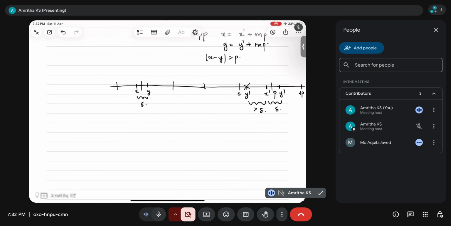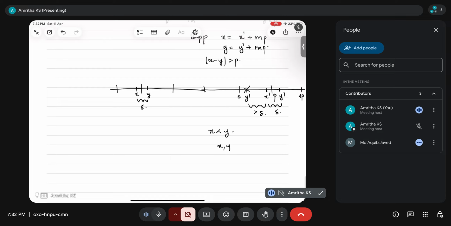See, the thing comes here. Let's take x less than y. Suppose both x and y belong to this interval.